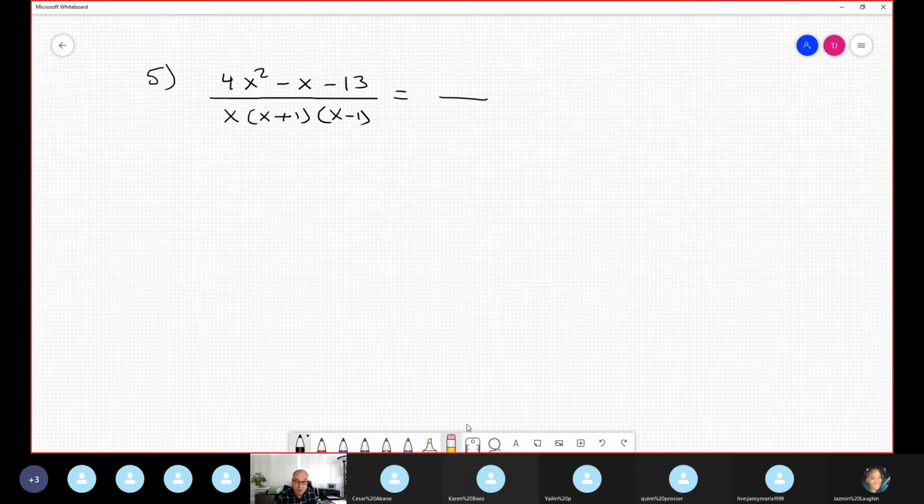So we have three expressions in the denominator, so we have three partial fractions. I call the first x, the order doesn't matter, the second is x plus 1, and the third one is x minus 1. We are in the case of a non-repeated linear factor, so the top part is just a constant: A, B, C.